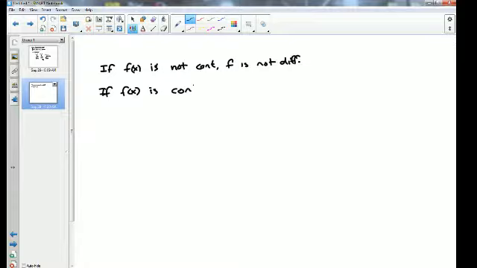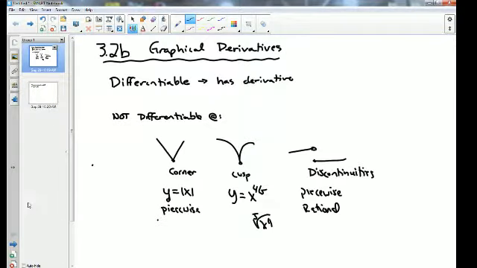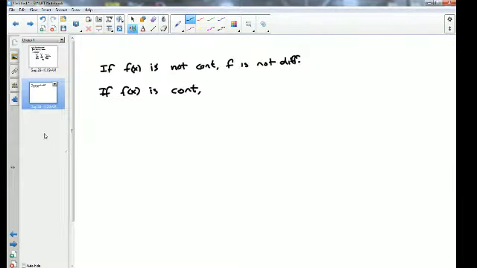What if f is continuous? Do we have to have differentiability? Not necessarily. So keep that in mind: if f of x is continuous, f may be differentiable.